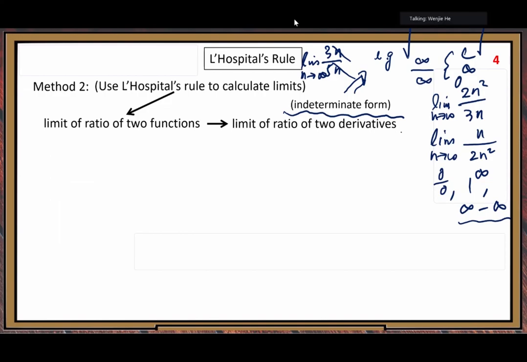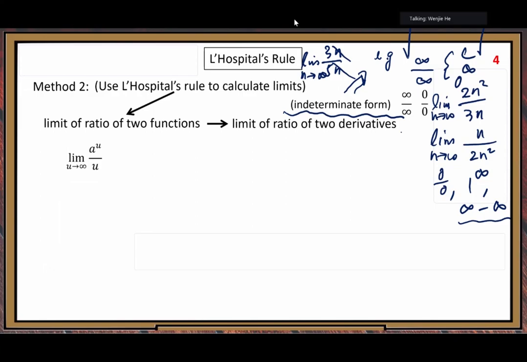Let me show you. For this question, let's practice a little bit on L'Hopital's rule. This is our converted form. Is this indeterminate form, infinity over infinity?